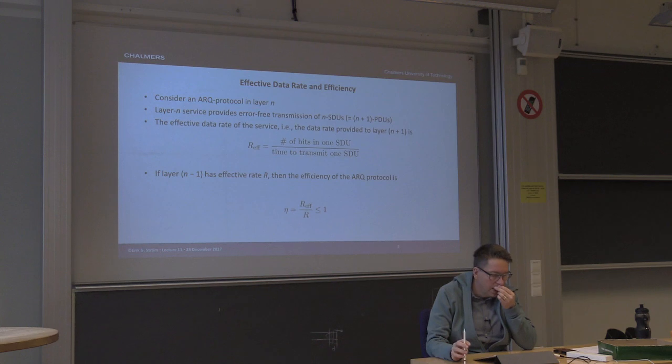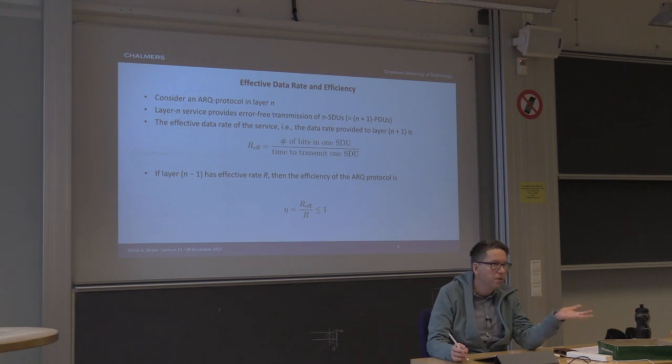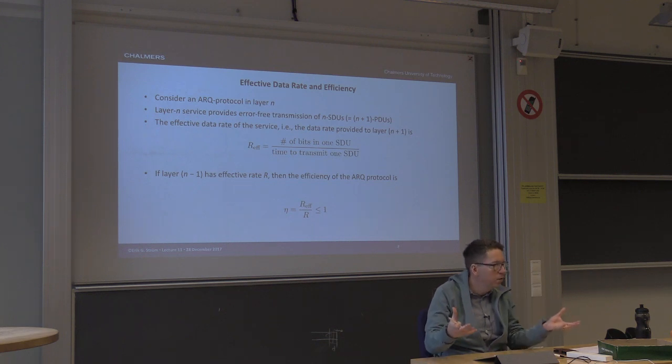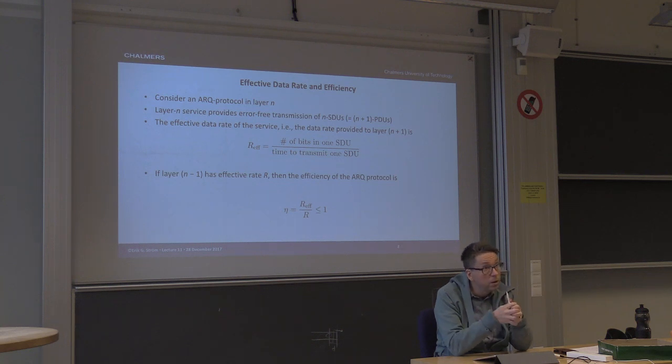Okay, now we have talked about these two protocols, and we will talk about the third one today. But the question is, why do we have several different protocols, right? Typically, there is some trade-off involved in this. And here the trade-off is with simplicity of the protocol and also performance of the protocol.